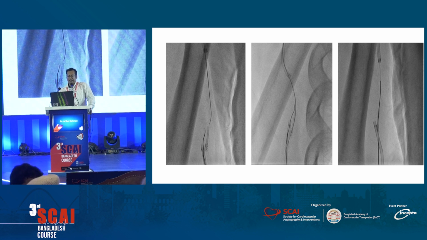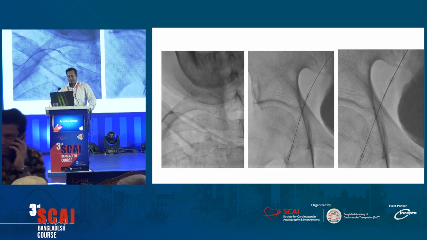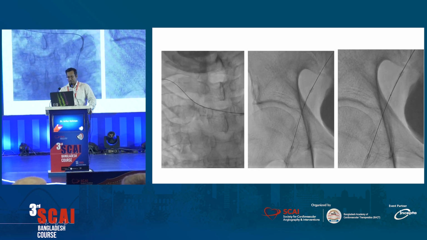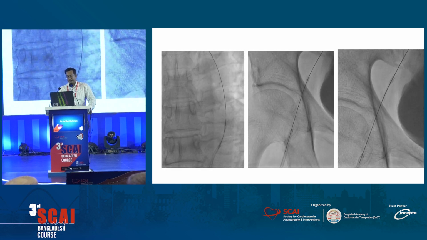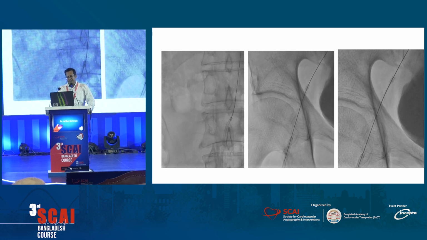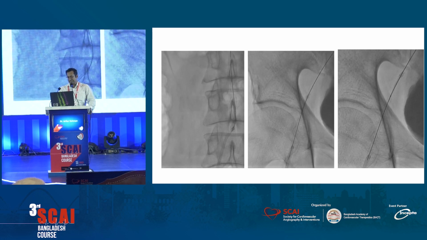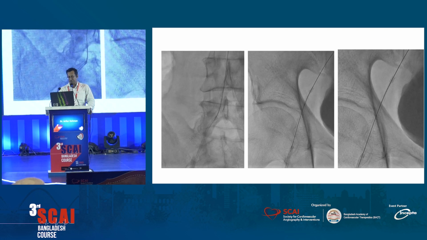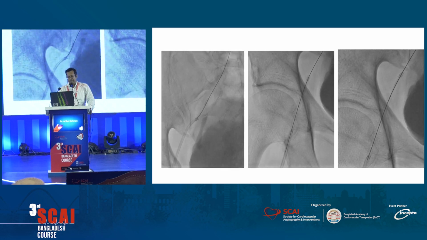In this situation, we again trapped the stent and pulled it towards the right femoral access. See, we are pulling it across the right femoral access. But here we took a bigger sheath. Even the bigger sheath could not accommodate it, because the shape was so distorted.